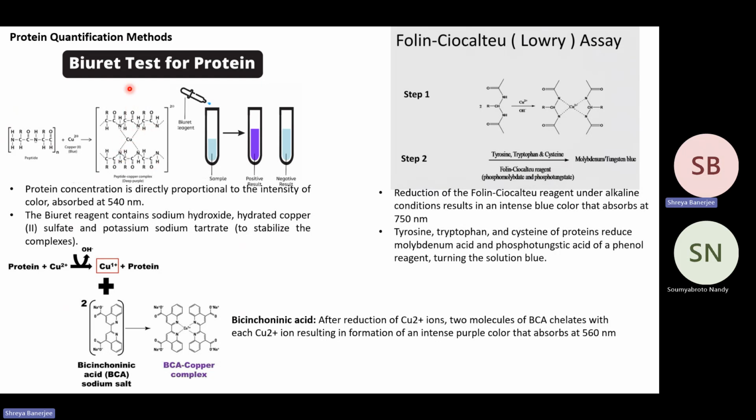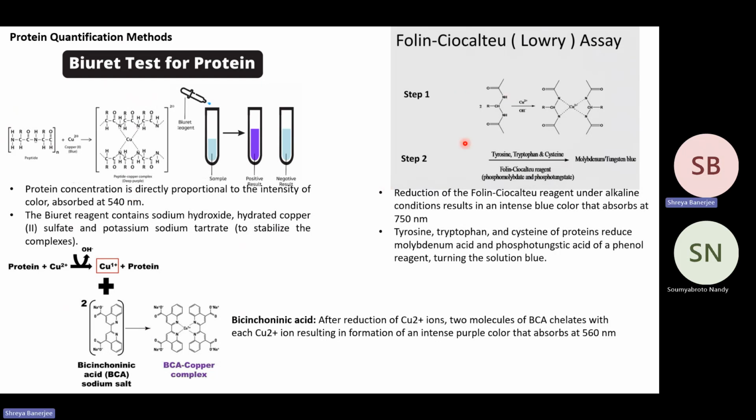And this will lead to a deep purple color. But if the peptide bond is not present, like if you have carbohydrates or DNA, this complex will not form. And so whatever was the initial color, that will remain. So because of the formation of this complex, it can be estimated that protein is present.